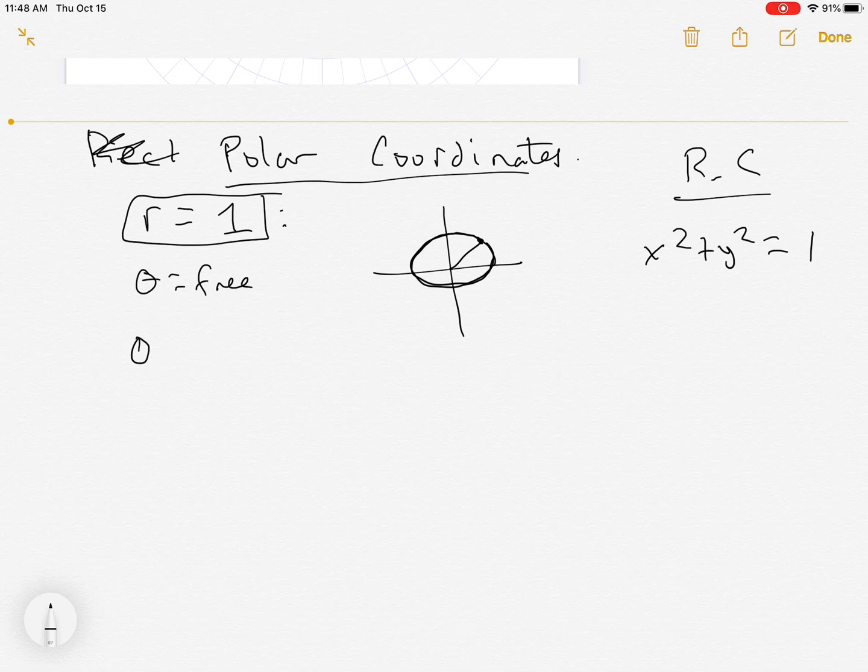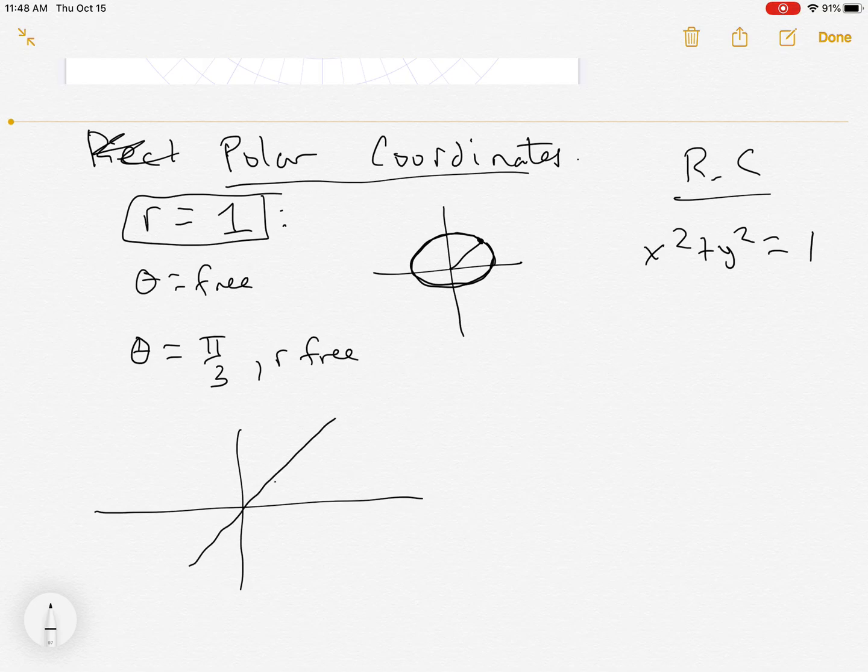Similarly, if you look at the equation theta equals pi over 3, then r is free. So what is this? This is a line. So this is a line in polar coordinates. A line through the origin in the direction of pi over 3.